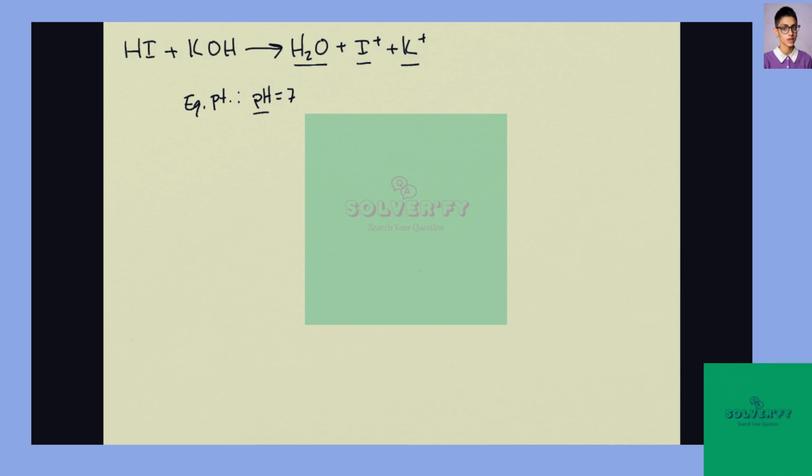So we have a neutral pH, which is a pH of 7. This means we want a pH indicator that changes color at a pH of 7. Bromothymol blue has a pH range of approximately 6 to 7.6, which makes it a perfect indicator for a strong acid, strong base titration like this one.